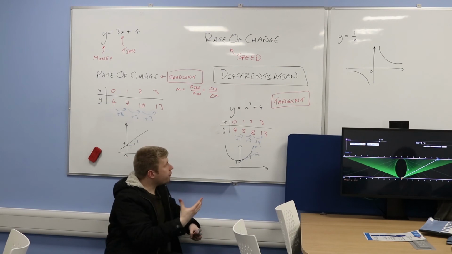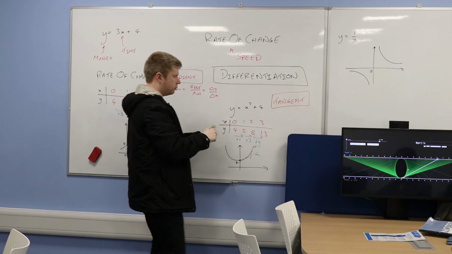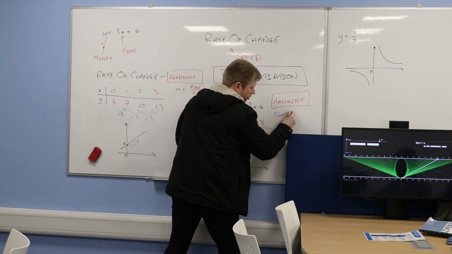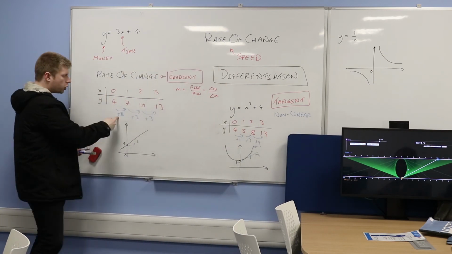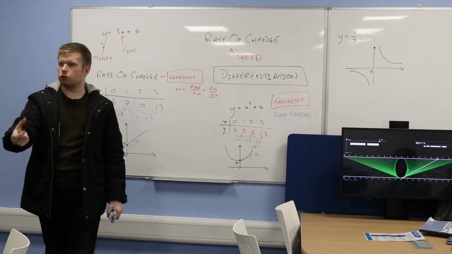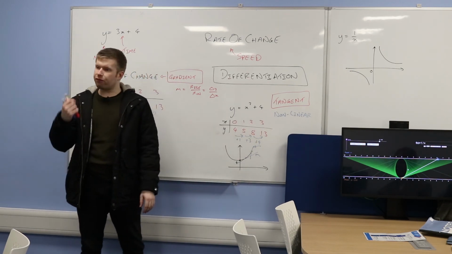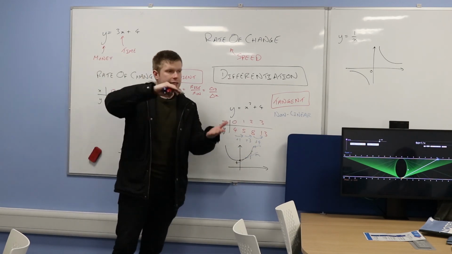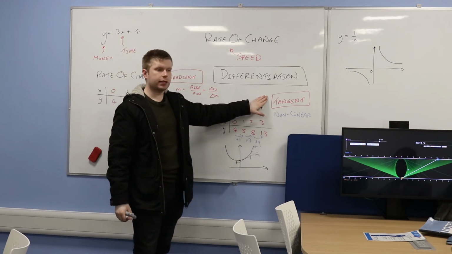Okay? So if I have a situation that is non-linear, in other words, I don't go up by the same amount for every single time period, it's not a constant rate of change. Okay? So it's non-linear. Therefore, because the rate of change is different depending on which point I'm looking at, I have to look at the gradient of the tangent.